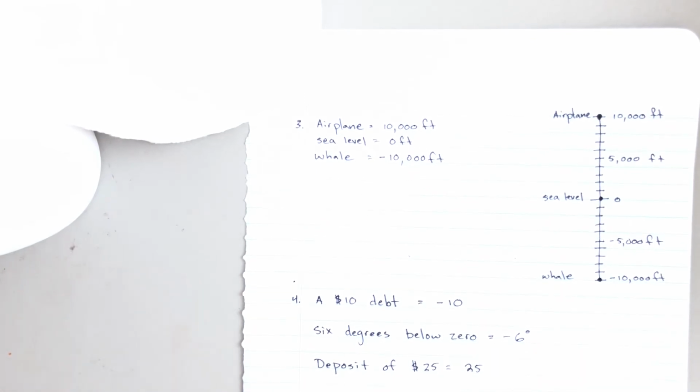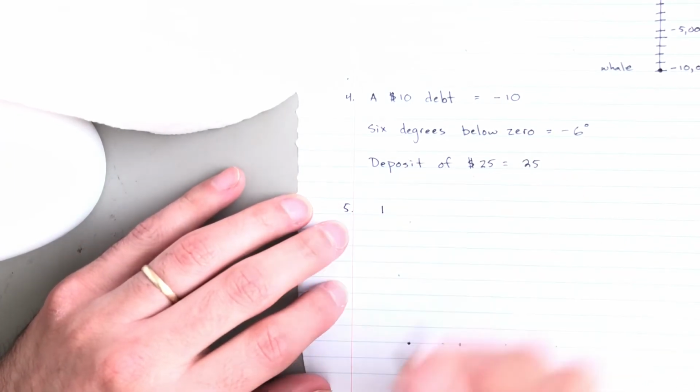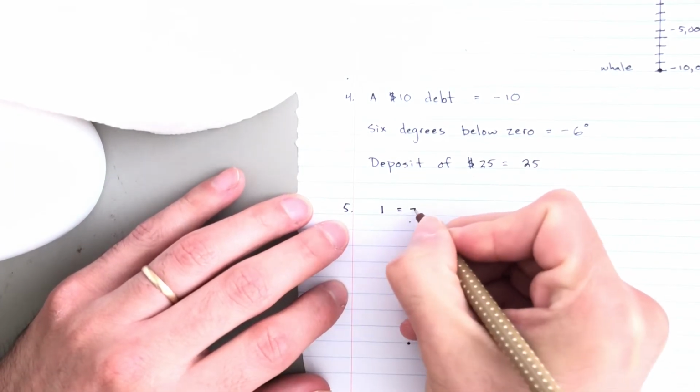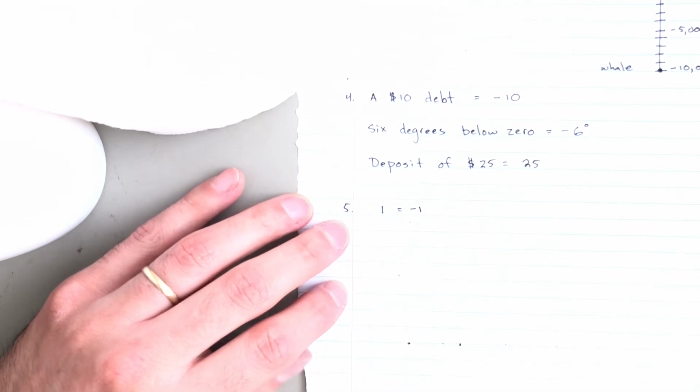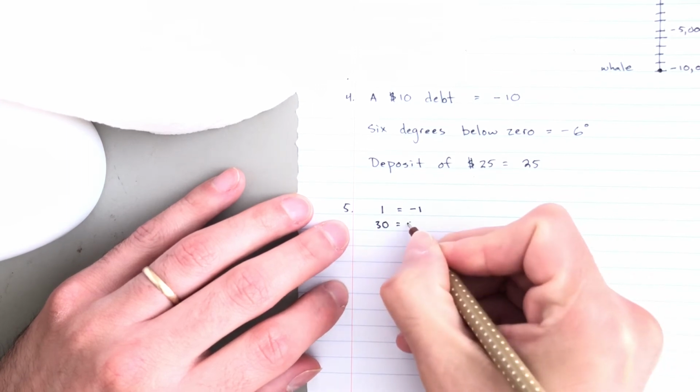You're going to get a lot of these coming up, where they just say write the opposite integer. So let's do a few of these opposite integers because they're really fast. The opposite of 1 is negative 1. The opposite of 30 is negative 30.